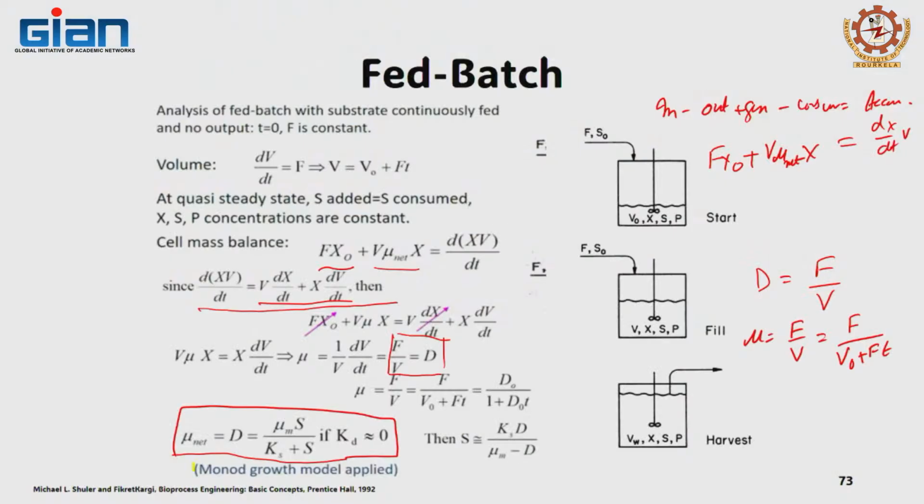It is in a quasi steady state scenario, but that is not the reasoning for it. Your mu is pretty much equal to your dilution rate. That is what happens in a quasi steady state. In this case, it will be almost equal to your dilution rate, so mu_net is equal to D, right? This is what happens in a quasi steady state. That is the reason I asked.